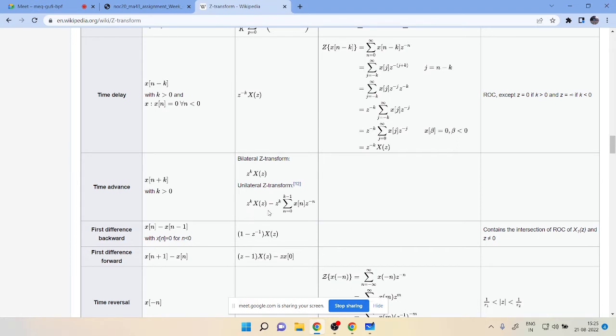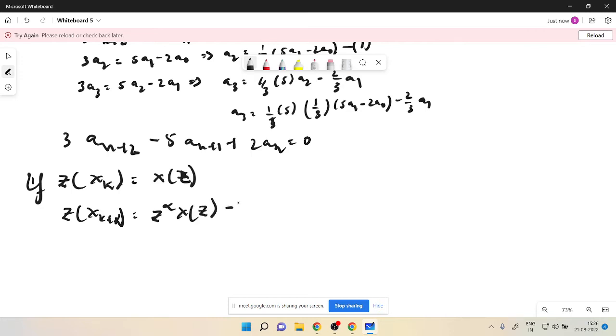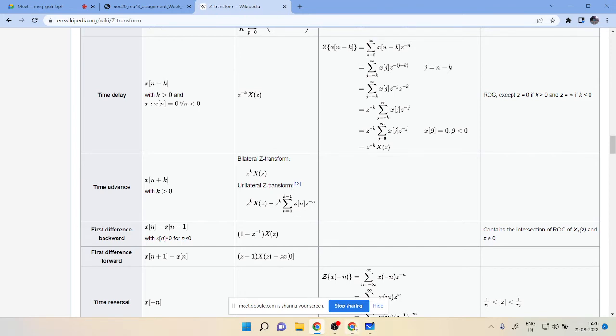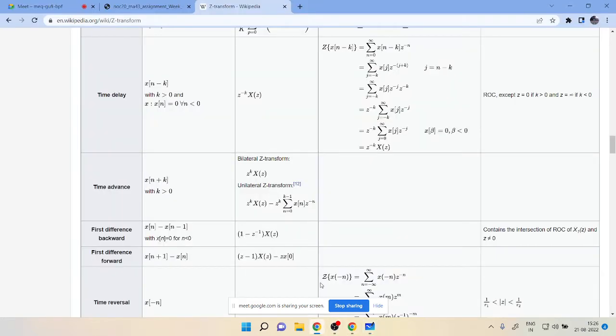Say the Z transform of x(k) equals X(z). Then the Z transform of x(k plus alpha) is z to the power alpha times X(z) minus z to the power alpha times the sum from n equals 0 to alpha minus 1 of x(n) z to the power minus n.